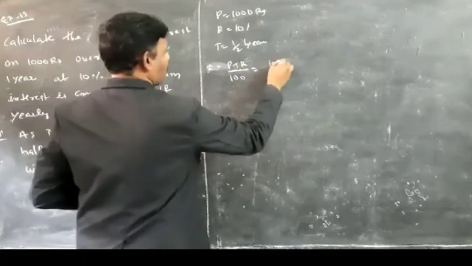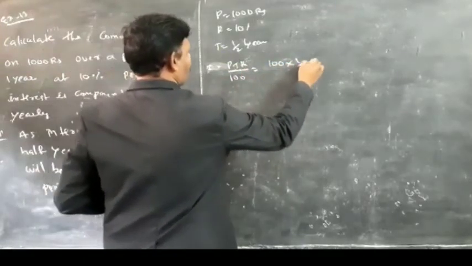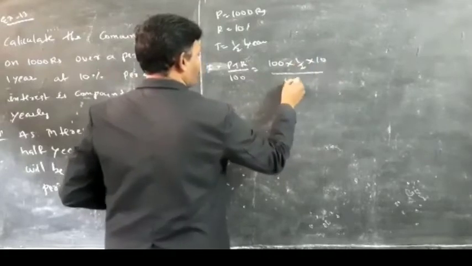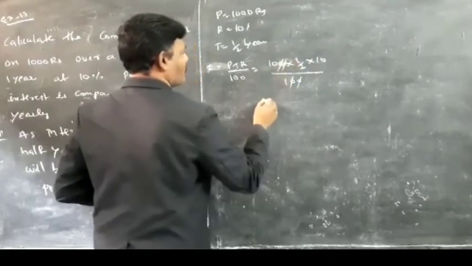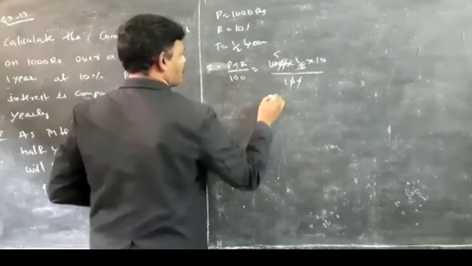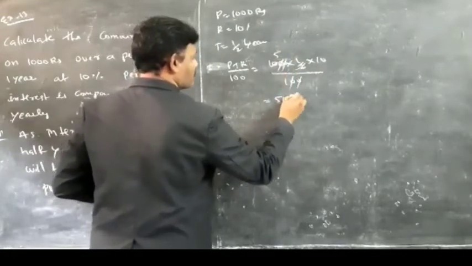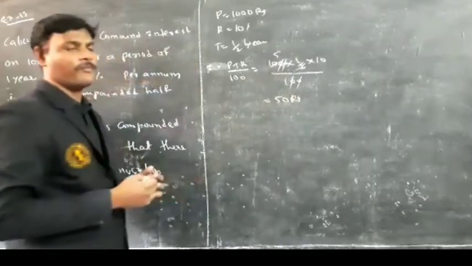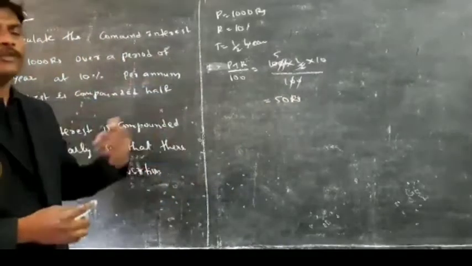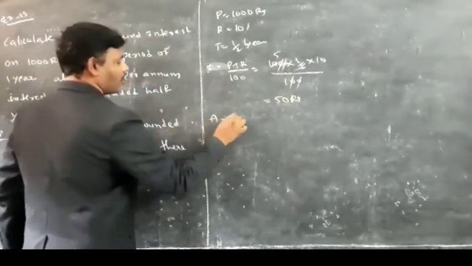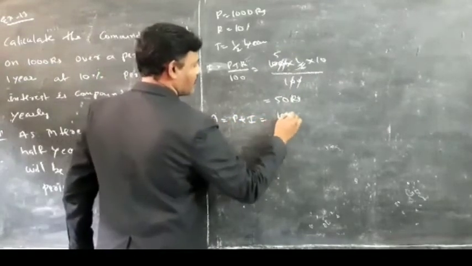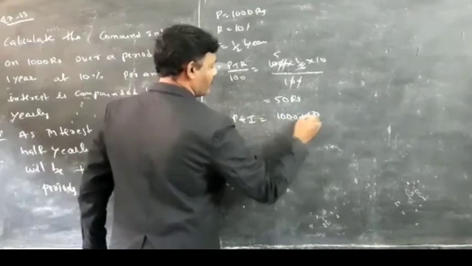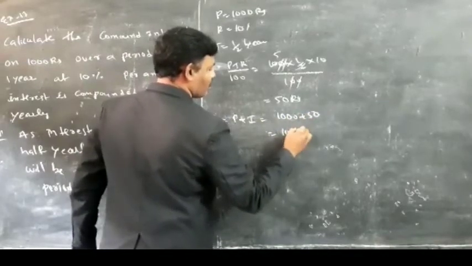P means principal amount 1000 into T means half into 10 by 100. 0 gets cancelled. 2 1s are 2, 2 5s are 10, 5 10s are 50 rupees. So what is the interest for the first half year? 50 rupees. So A is equal to P plus I is equal to 1000 plus 50 is equal to 1050 rupees.